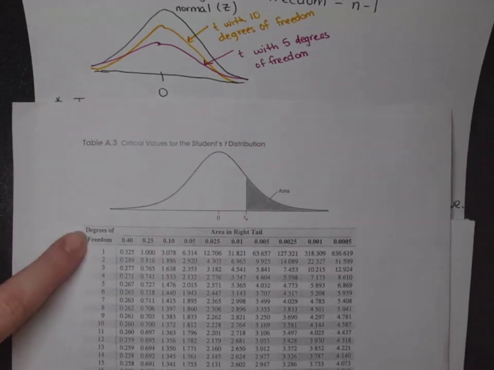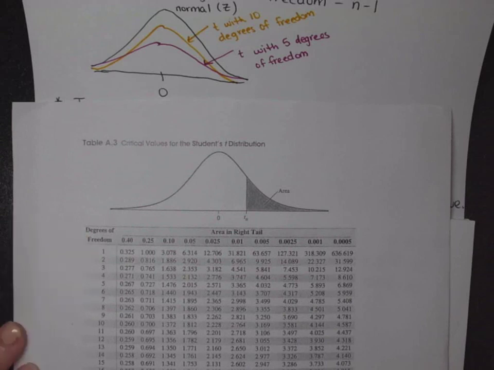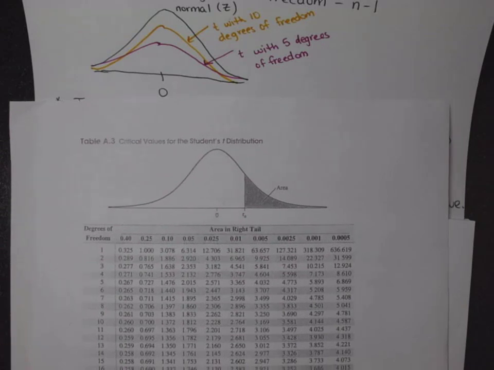Notice here on the table it lists degrees of freedom. It goes all the way down to, I think, 40, and then it starts counting by 10s and sometimes 20s and then sometimes 100s. So notice we want 9 degrees of freedom, so we're here. And then you need to look at the area in the right tail. So we need to think about that for a minute.